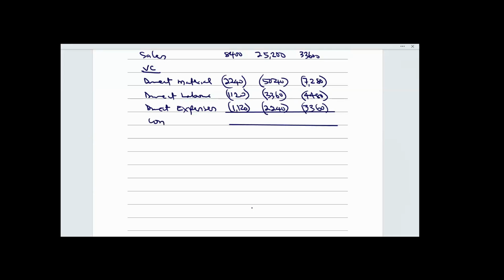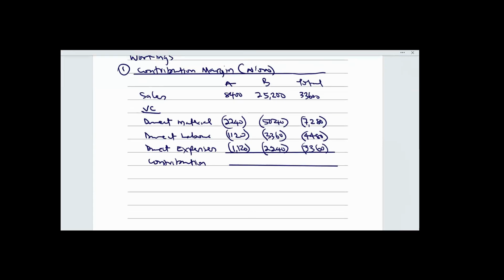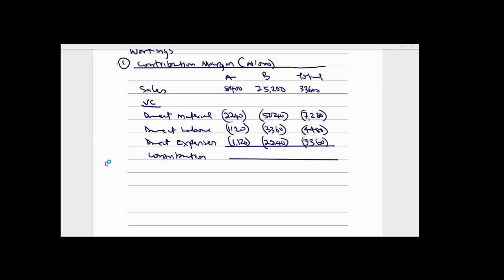So here will be contribution. Contribution for product A. Bring out your calculator. 8,400 minus 2,240 minus 2,240. That's 3,920. Here is 3,920.